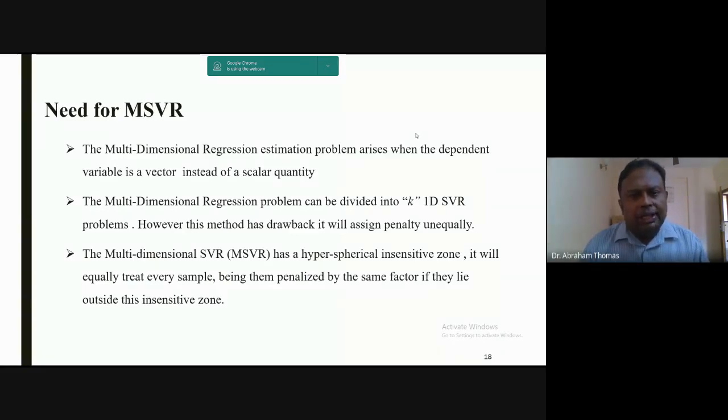The multidimensional regression problem can be divided into k one-dimensional SVR problems, where k in our case is 200. However, this method has the drawback that it will assign penalty unequally. The multidimensional SVR, or MSVR, has a hyperspherical insensitive zone. It will equally treat every sample, being penalized by the same factor if they lie outside the insensitive zone.